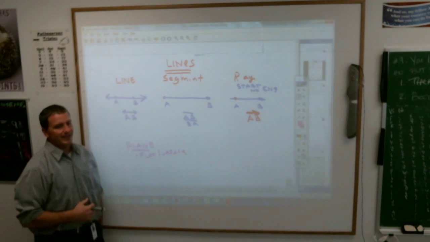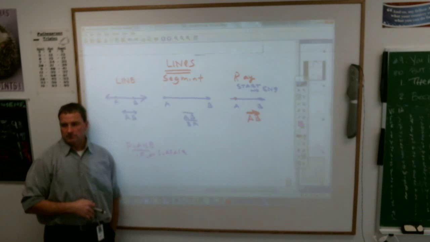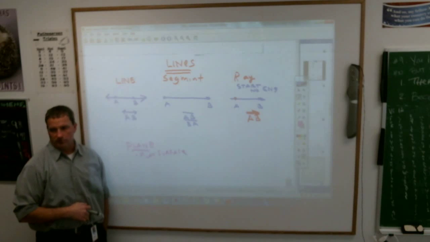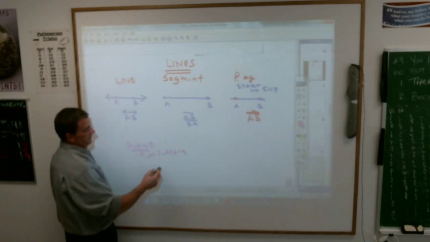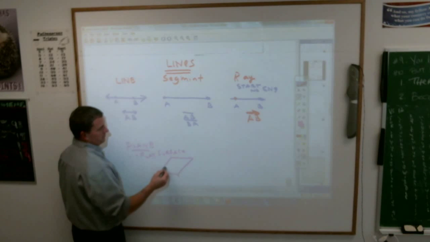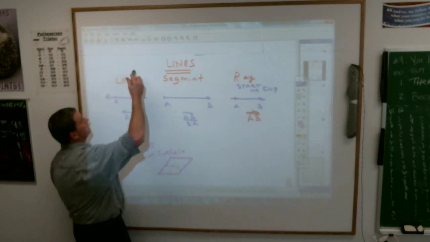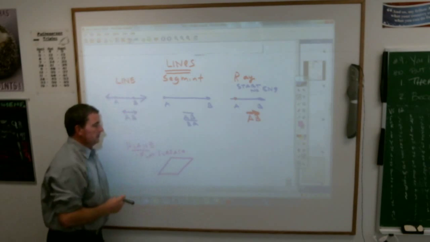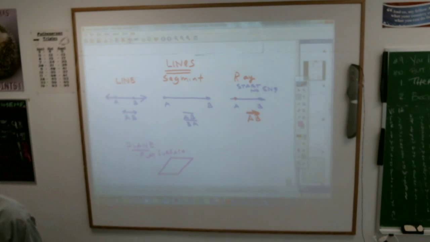If you could imagine a piece of paper that had no end in either direction, that is a plane. You can draw it out kind of like this. It's really hard to draw this stuff, but that's what a plane would be. Things that represent planes: ceiling tiles would be planes, a floor would be a plane, your desktop would be a plane, your book could be a plane, something that's flat.